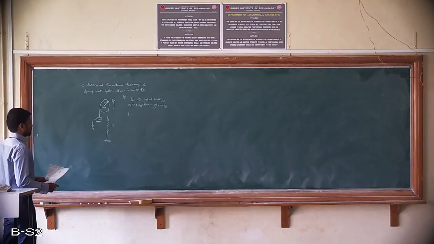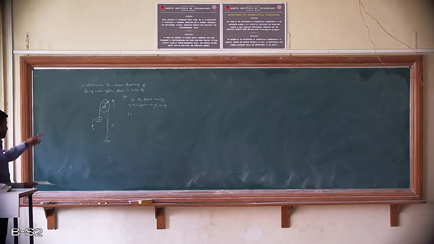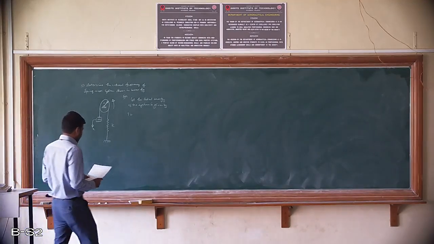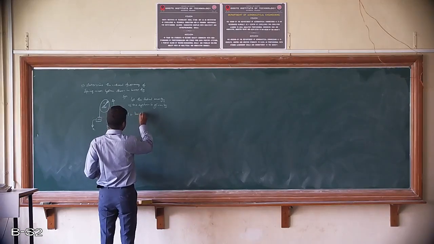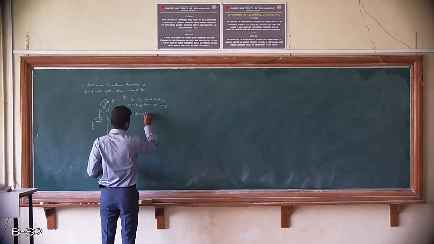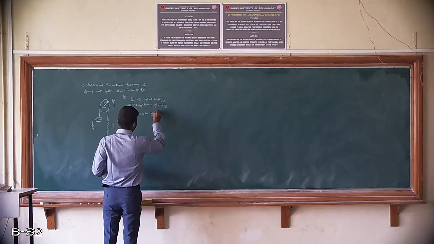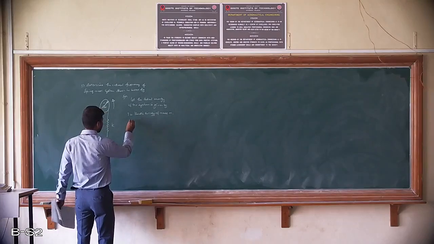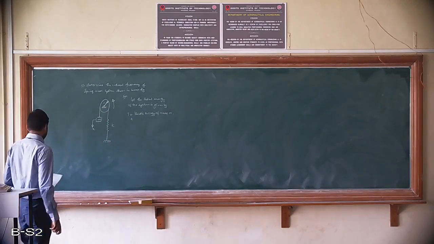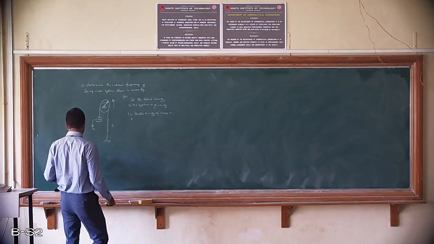So the total energy for this particular spring mass system is equal to the kinetic energy of mass small m, that is one thing. Then the kinetic energy of the pulley.